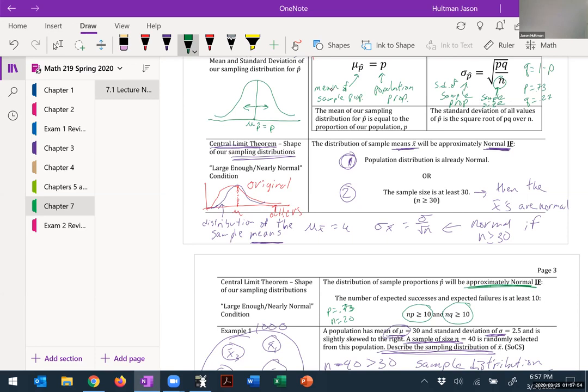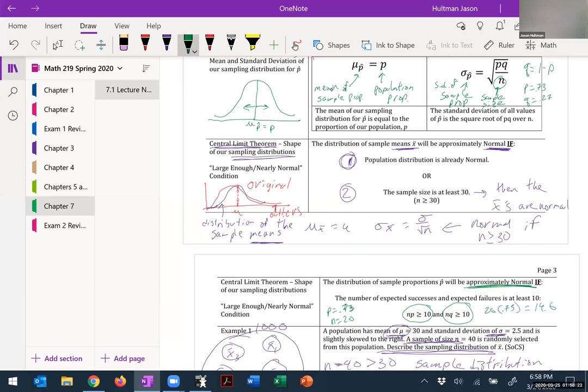If P is bigger than Q, then P times N is the biggest one. If P is less than Q, then I would want to go with Q.